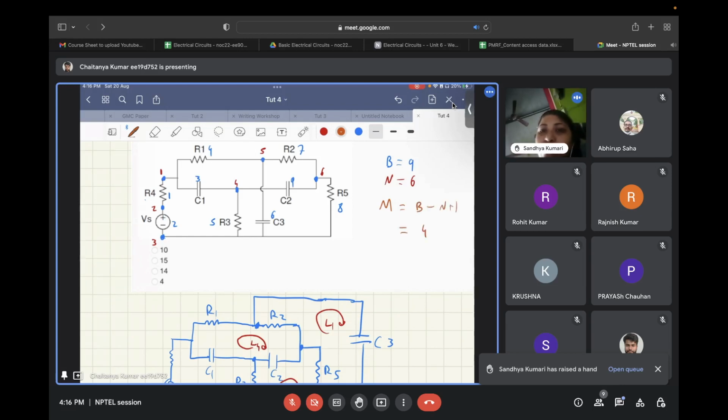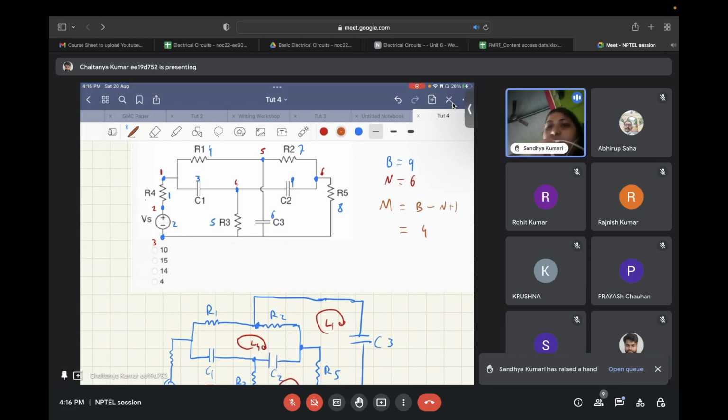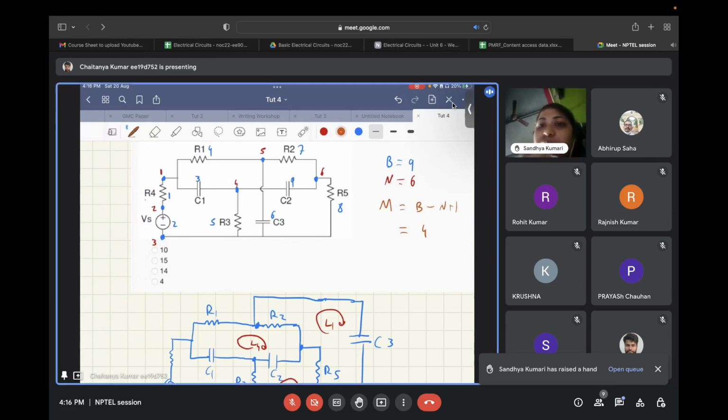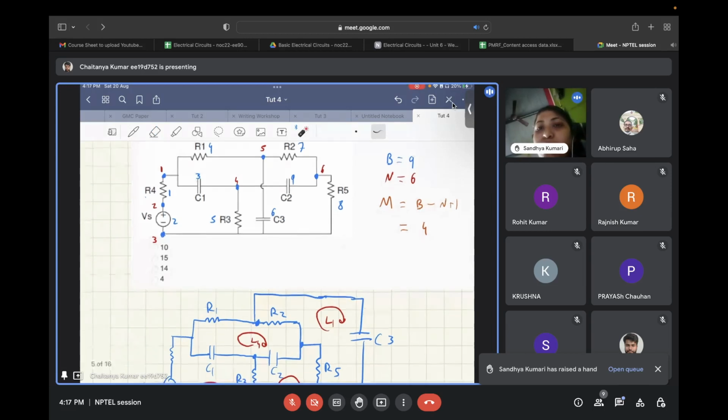Is it clear? Sir, what about node number 2? How can you take this? See, that's what I said. Either you can take this complete branch as one and ignore this node. In that case, the number of branches that you will have is 8, and the number of nodes you will have is 5.